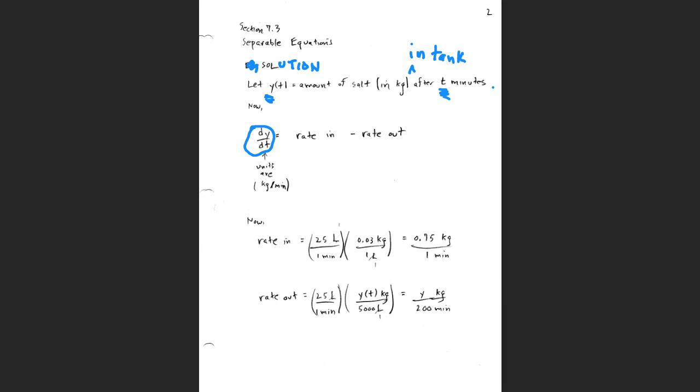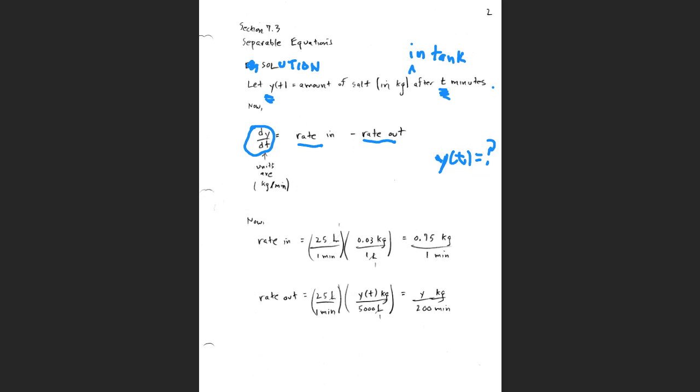And for a tank problem, the dy dt, the differential equation, would be based on the rate of salt coming in minus the rate that salt goes out. So we need to find an expression for y of t, a formula for the amount of salt in the tank after t minutes.